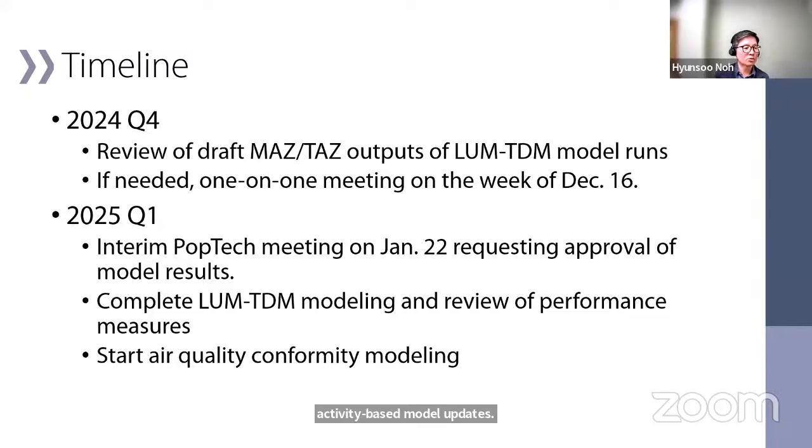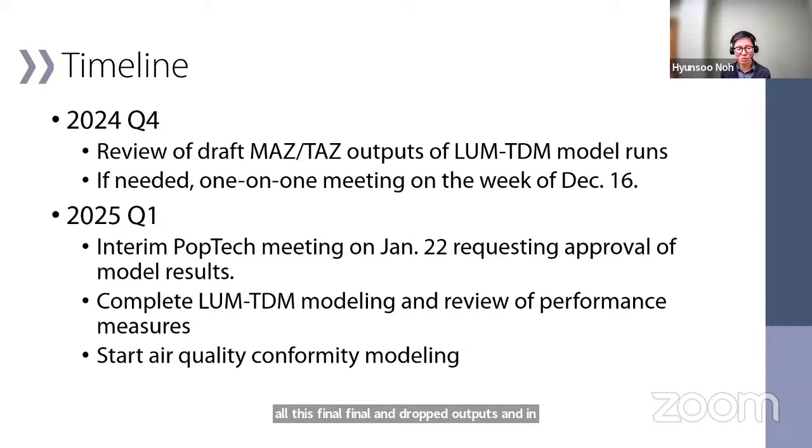Maybe after going through the timeline, we can also have a chance for any questions. For the timeline, in 2024 Q4, as mentioned, we hope to update all the final and draft outputs, hopefully at the jurisdiction level.